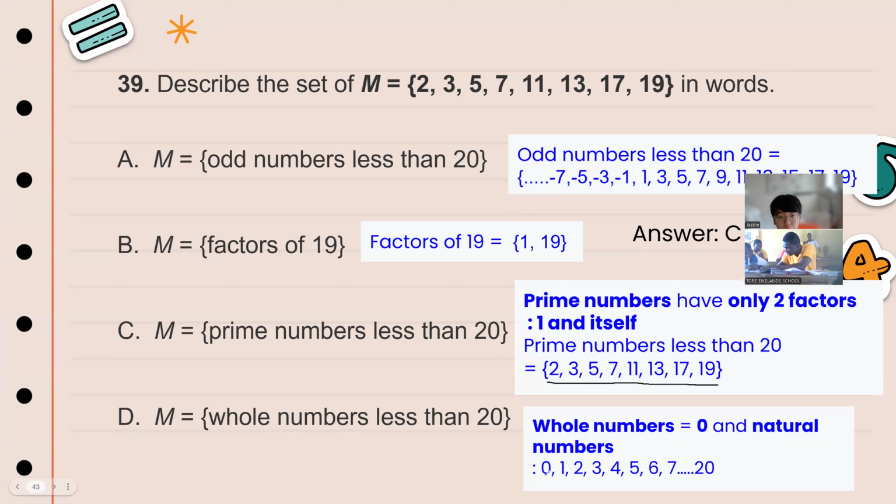So it should include all numbers from 0, 1, 2, 3, 4, 5, 6, 7, all the way to 20, which is not the set M. So that's why the answer was C. It's just the prime numbers that are less than 20. And let's move on to the next question.